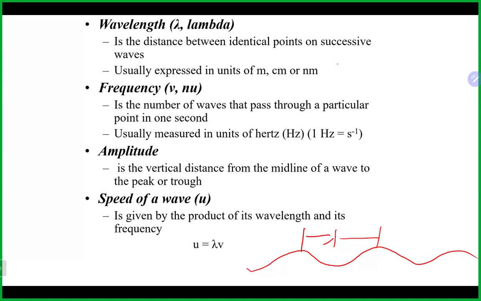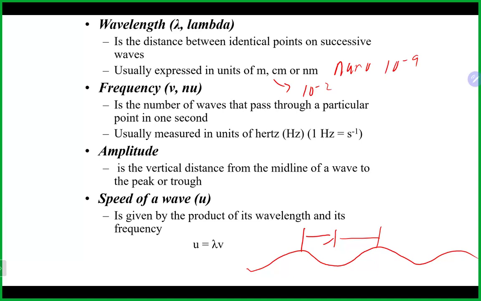Nano is 10 to the minus 9, right? Centi is 10 to the minus 2. And again, those are very common conversions. I would say for the most part, if you come across a wavelength, it's probably going to be in meters or nanometers. And again, the conversion between those is really important because we use that a lot in chemistry.